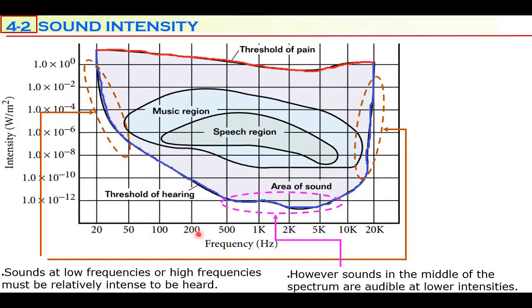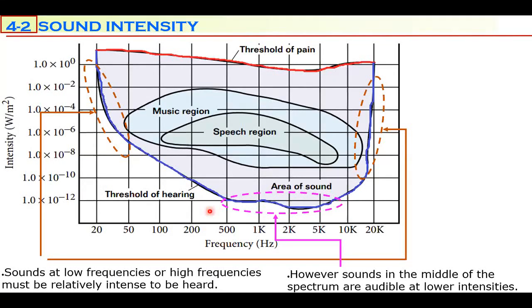They can say a sound is produced at 200 hertz. Which of the following intensities is audible? 10 to the power of negative 12, 10 to the power of negative 11, 10 to the power of negative 8, or none of them?